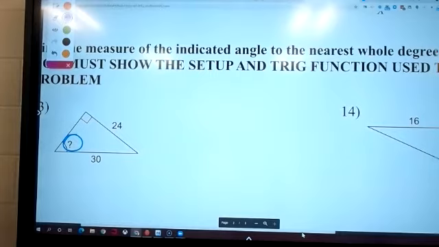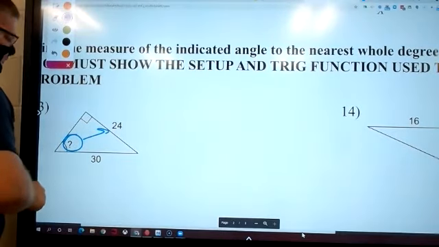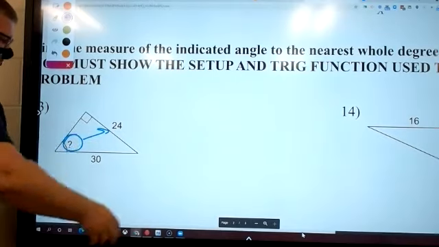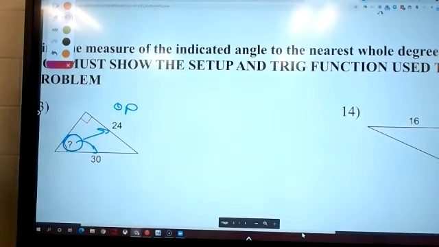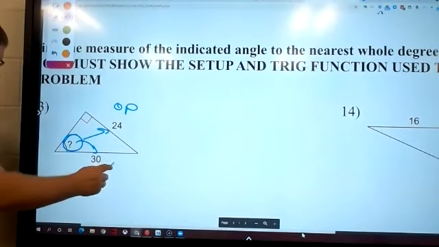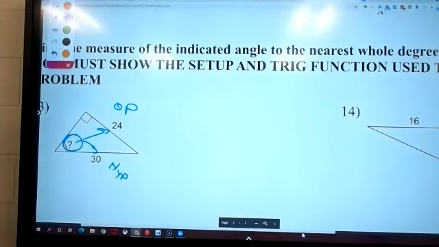So what do I know? What's this one? Good, but it's the where? Oh, opposite. What's this guy? Nope. Opposite. It is. How come it's a hypotenuse? Oh, it's the biggest. Across from the 90, it's also the biggest, isn't it? Both of those things are true.